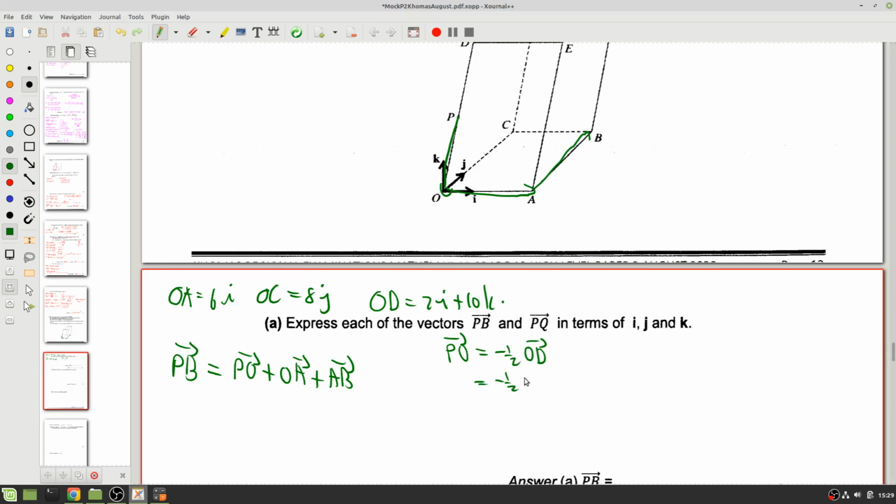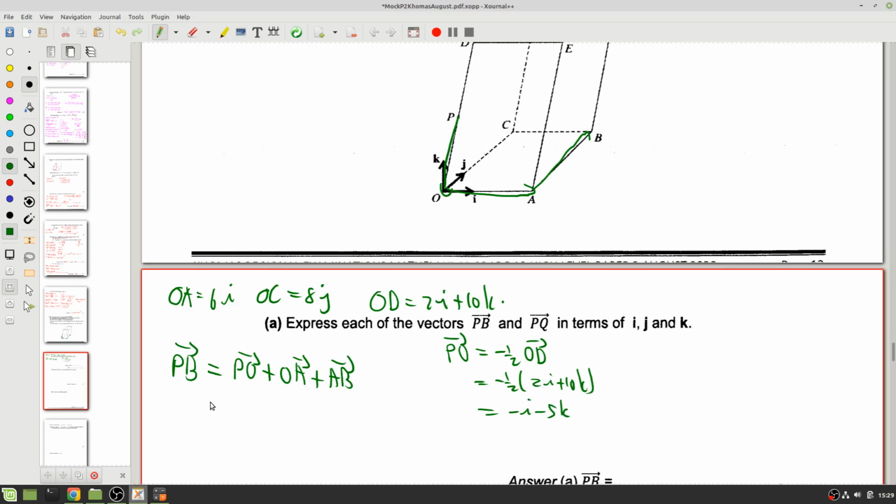Okay, so that gives us negative half of, and OD is 2i plus 10k. Let's multiply the negative half in. So 2 times negative half is negative 1i, and 10 times negative half is negative 5k.